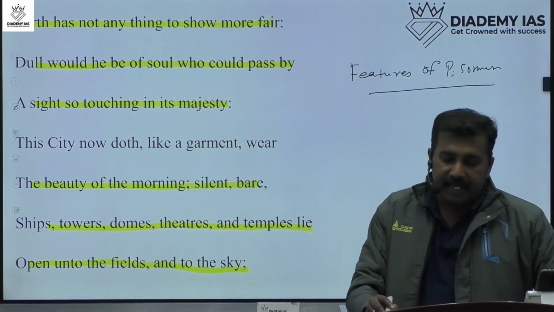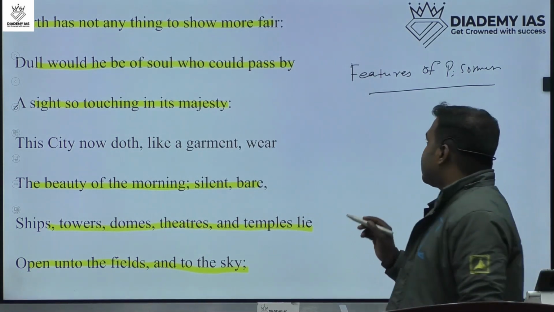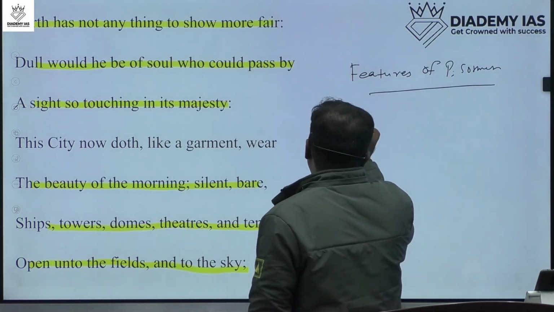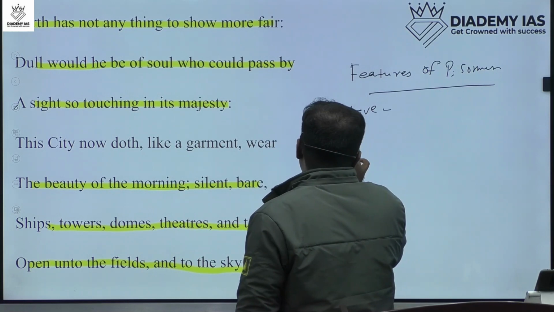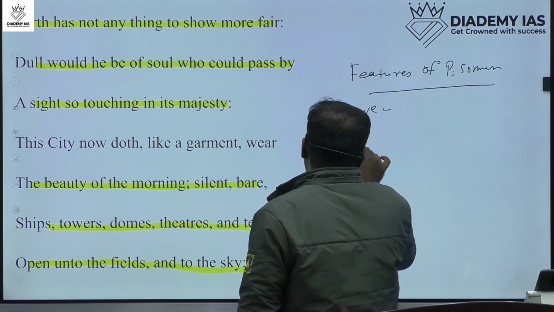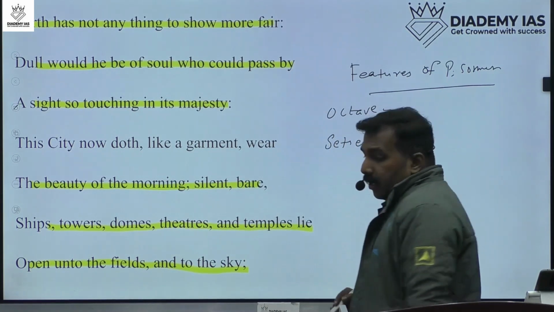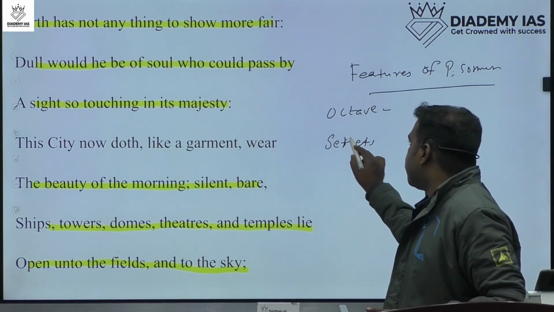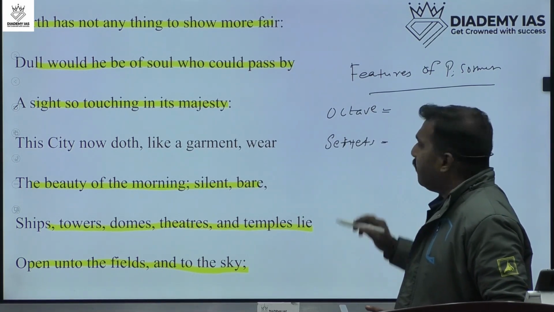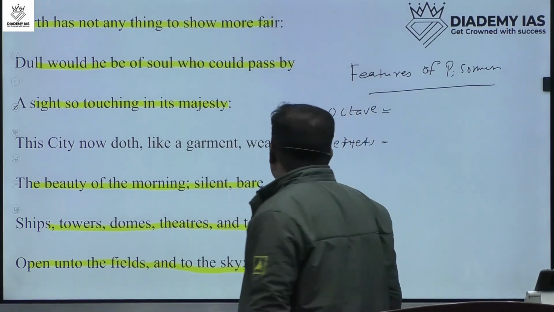Okay, octave and sestet. Octave and sestet are the two types of divisions in the Petrarchian sonnet.